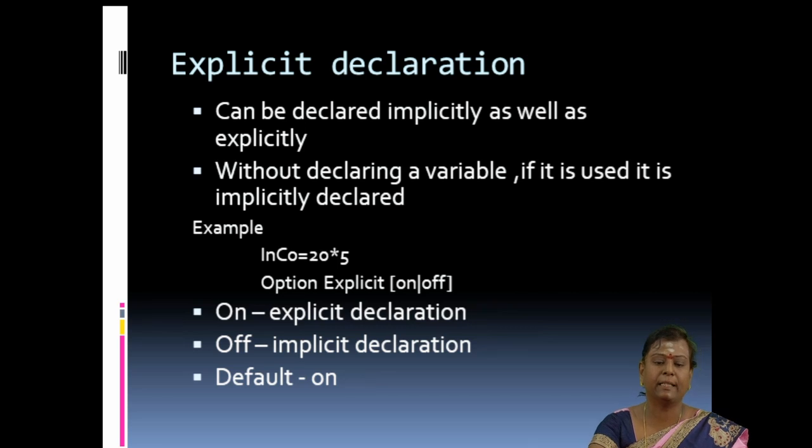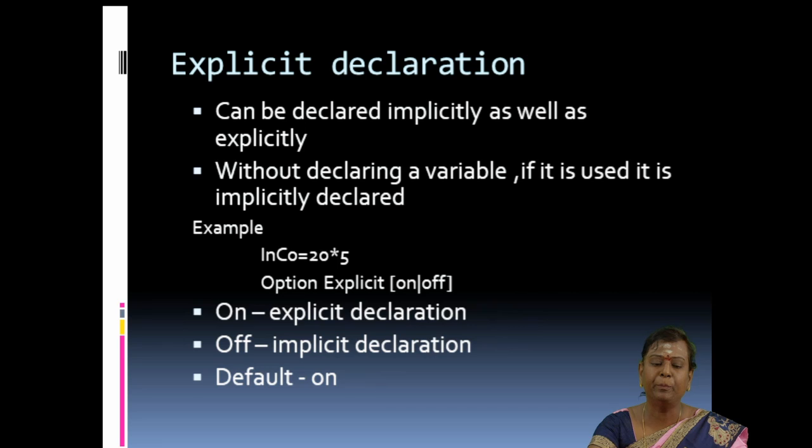Next, explicit declaration. A variable can be declared implicitly as well as explicitly. Without declaring a variable, if it is used, it is implicitly declared. See in our example, inco has not been declared.